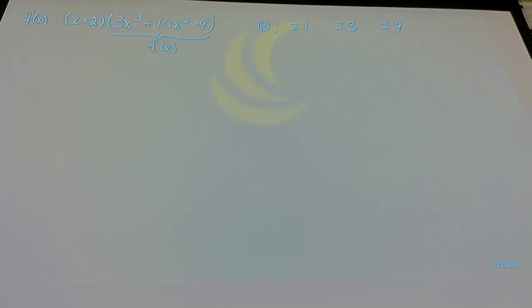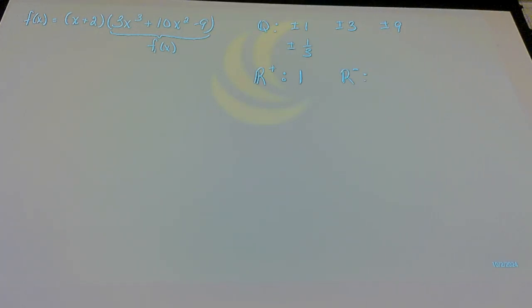Divide each of those by 3. You only get one new one, plus minus a third. It has to have one positive, because we haven't found it yet. And then just verify.